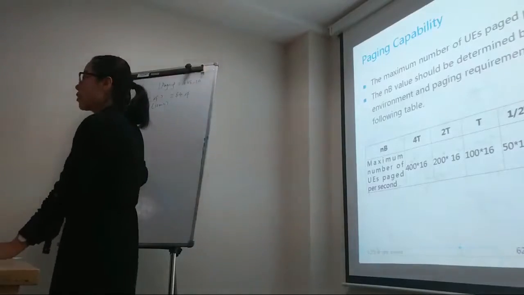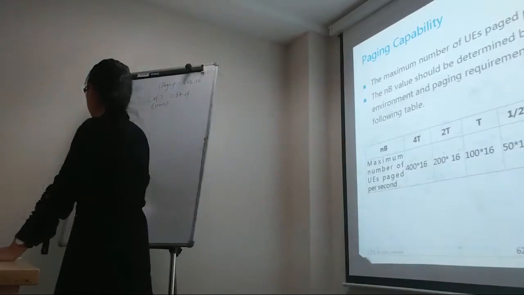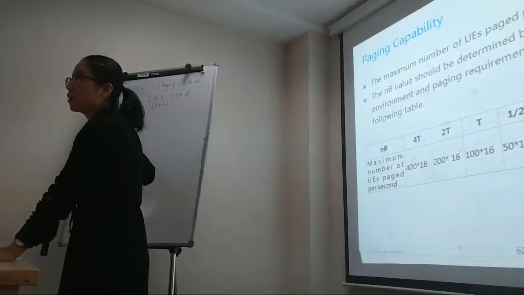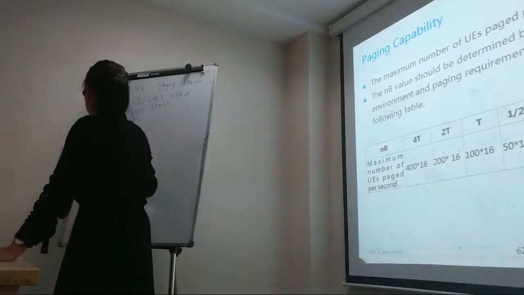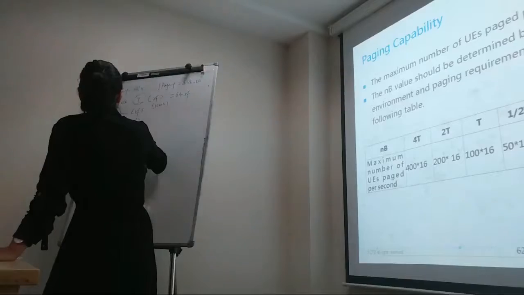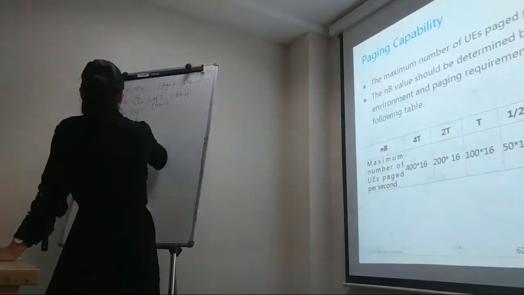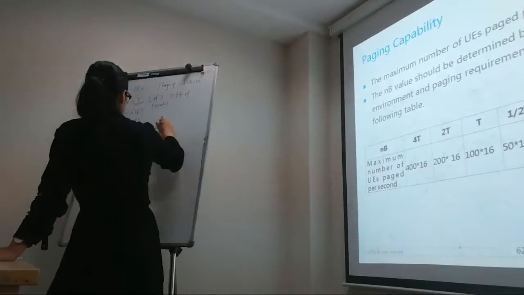For MO success, I just transmit the RRC request directly. But for MT, it should first, let's draw this picture again.